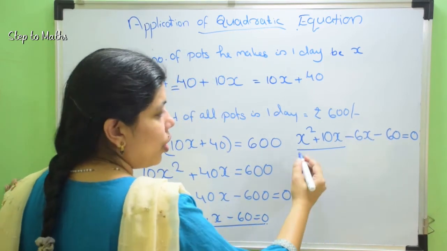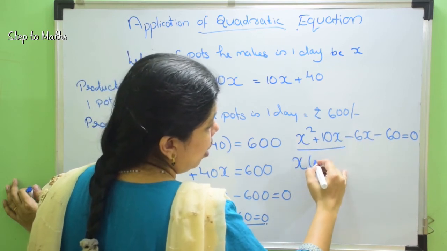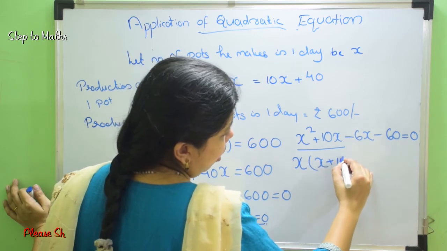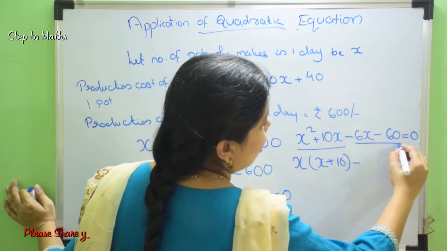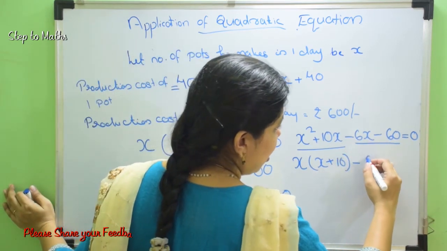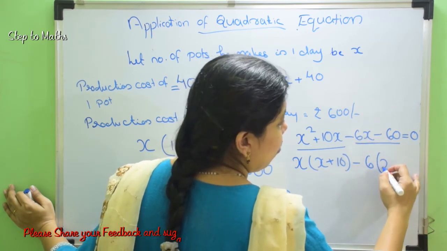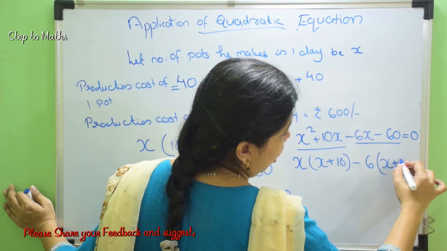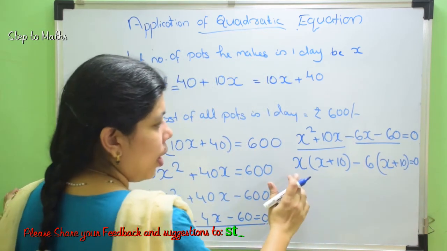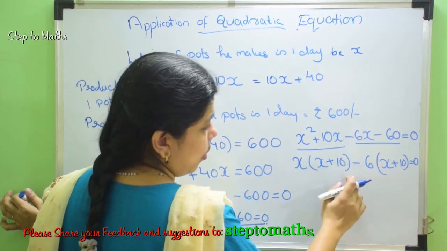Now consider these two terms, x square plus 10x. We can take x as common, then the terms become x into x plus 10. Minus, consider these two terms together and take 6 as common, minus 6 into x plus 10.